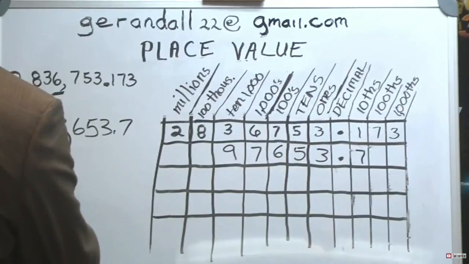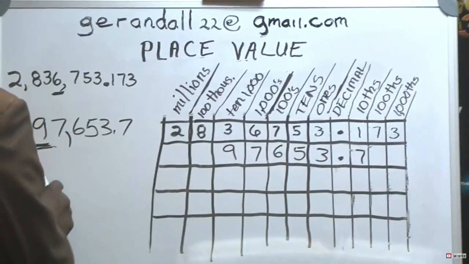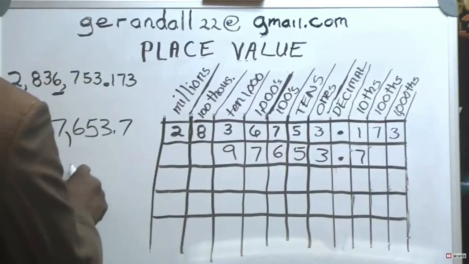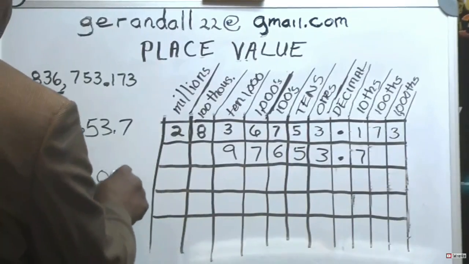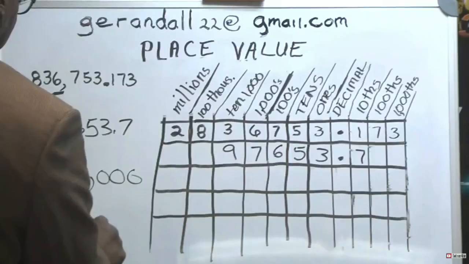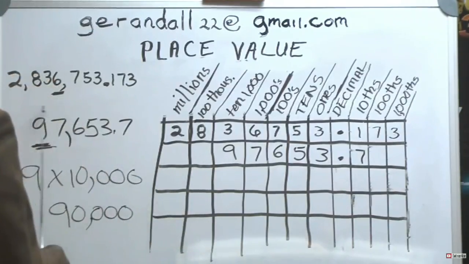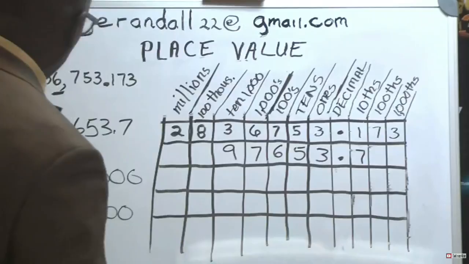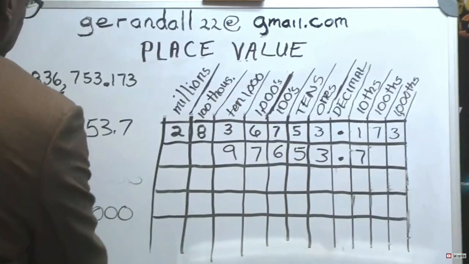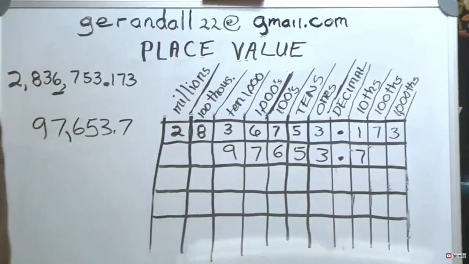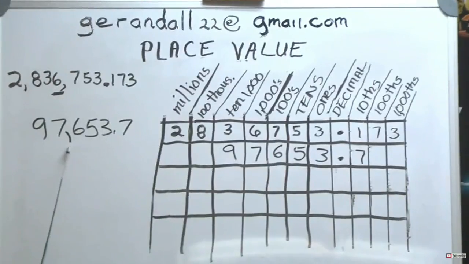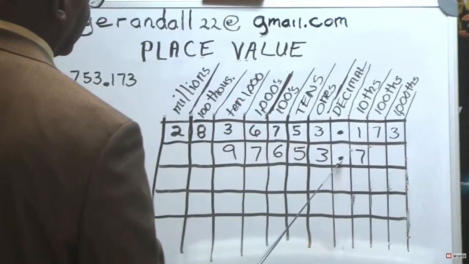Again, if we underline just this 9 here, that would be 9 times 10,000 for 90,000. Place values, very important. There's a particular way that you need to say this number. We don't want you to say 97,000 and 653.7, because "and" infers decimal. Okay?